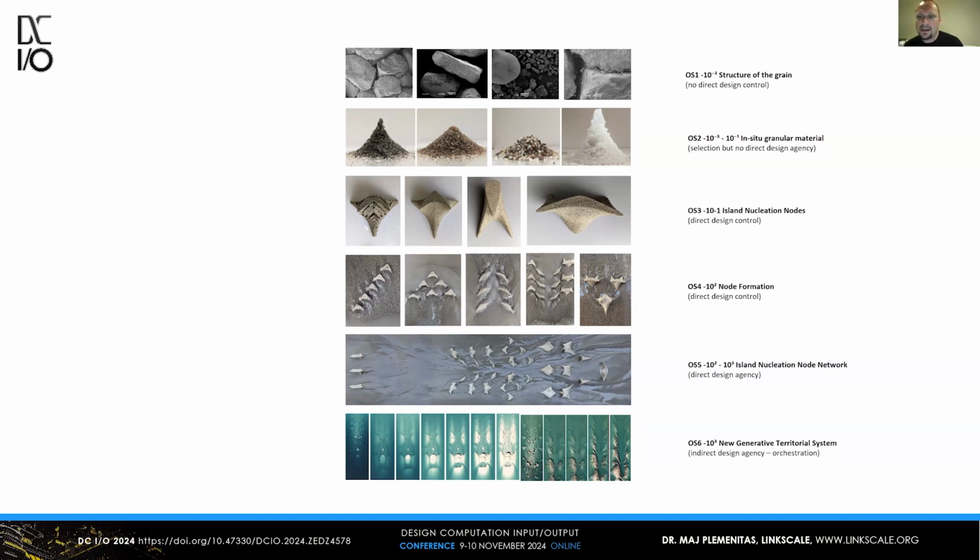When we're dealing with island nucleation nodes, we start to develop direct design control and capacity to simulate those. And later on in the organization, into node formations and networks, we start to develop agency that allows us to translate that inherently noisy process into a predictable outcome.